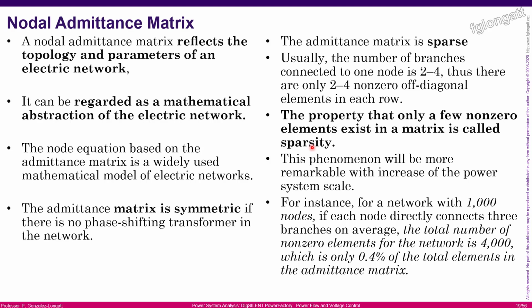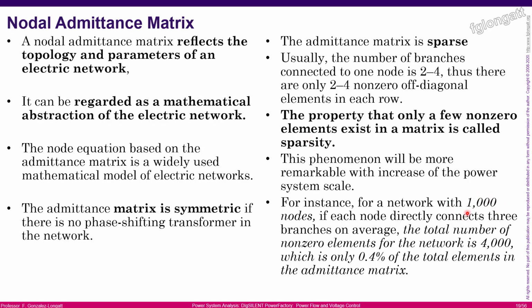The admittance matrix has many elements that are zero. To be honest, it's very typical that the admittance matrix has many zero elements. It is very heavy on the diagonal, but outside the diagonal you will find a very small number of non-zero elements, which creates sparsity.